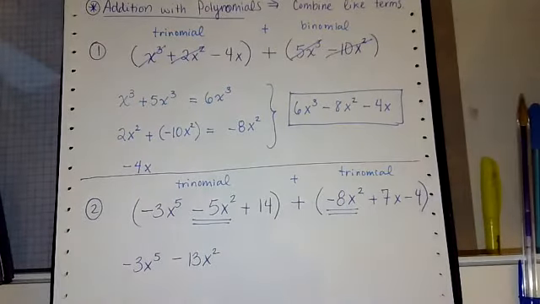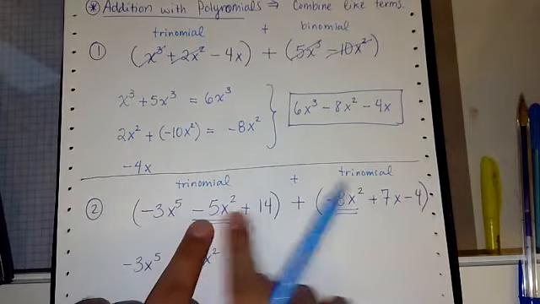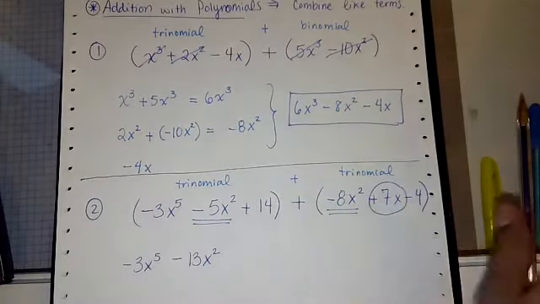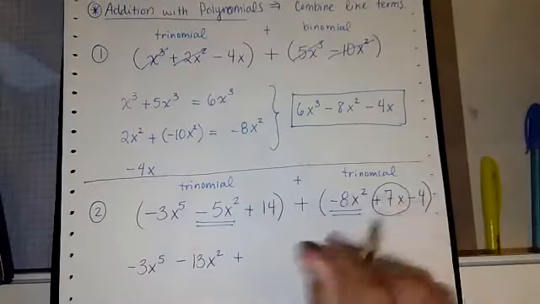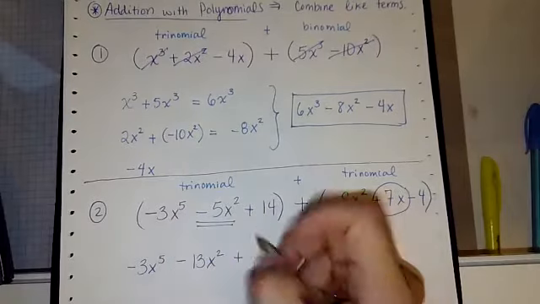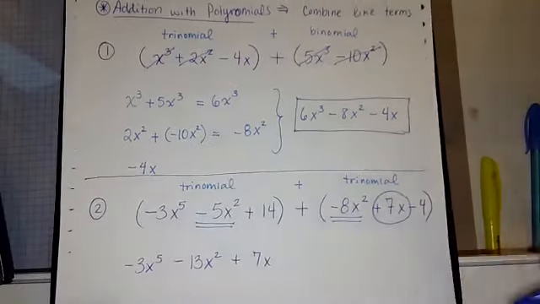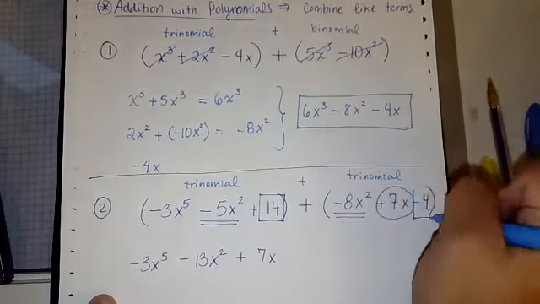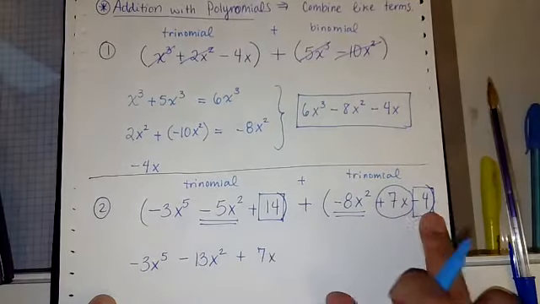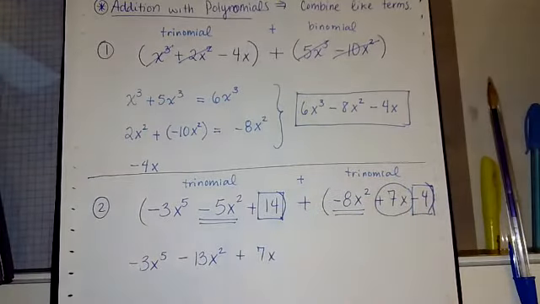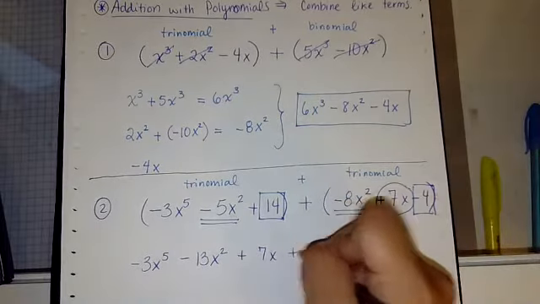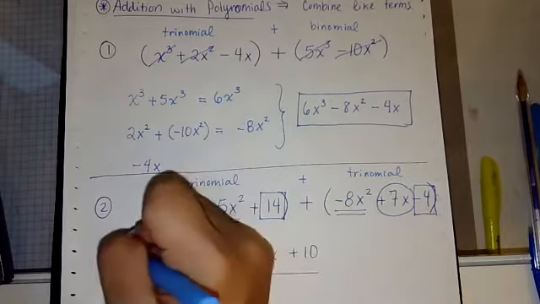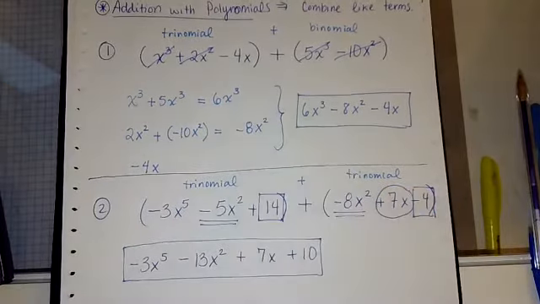Since we're at the second power, I'm going to go down to x. It looks like we just have this one x term, so I'm just going to bring that down because there's nothing to combine there. This guy doesn't have an x term. So we have 7x. And then finally, we can look at the constant terms. I'll go ahead and use a different shape like a square. We have 14 minus 4, which should be positive 10. So that's going to be your answer.